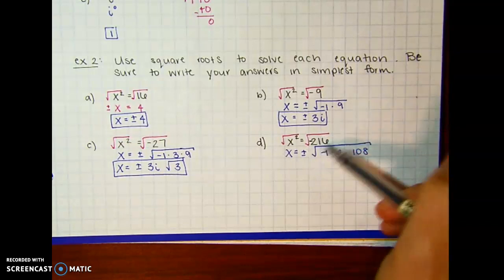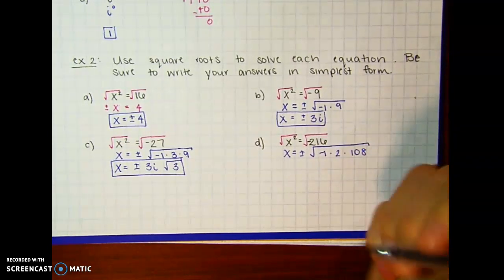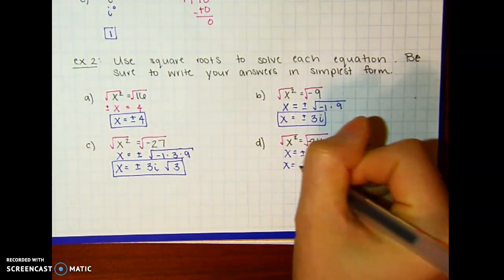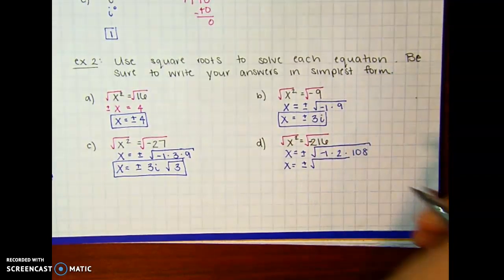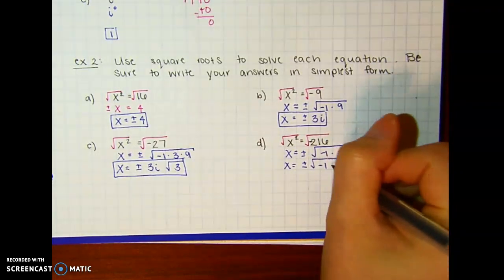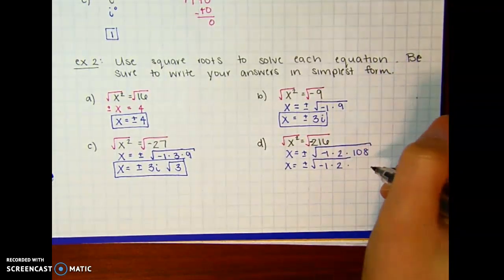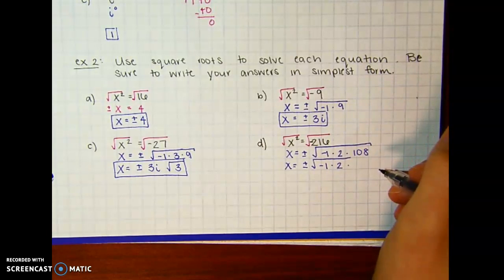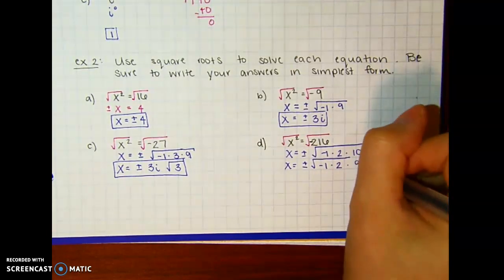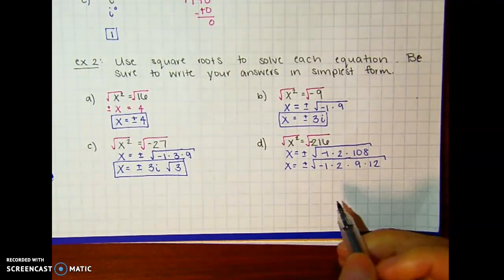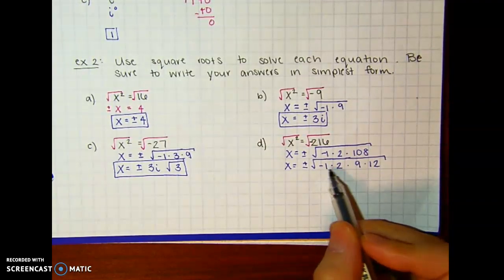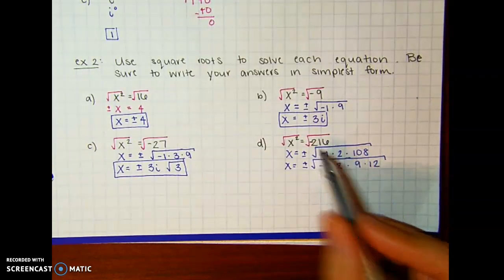I don't want you to do this in your calculator, but you could divide 108 by some of your perfect squares, like 4 or 9 or 16. If you divide it by 9, it's actually 9 times 12. And you can always check in your calculator: negative 1 times 2 times 9 times 12, are you getting 216?